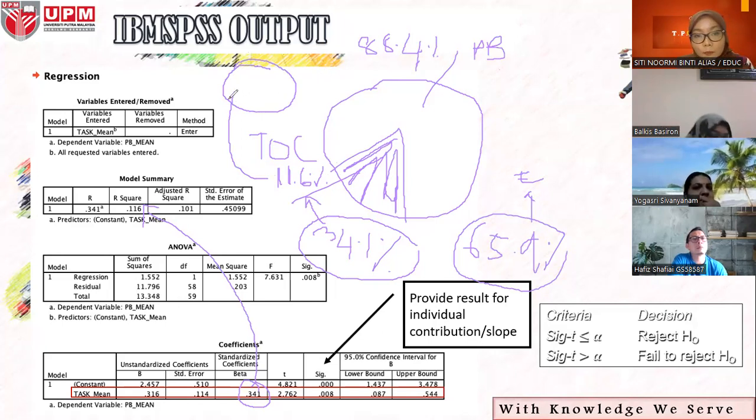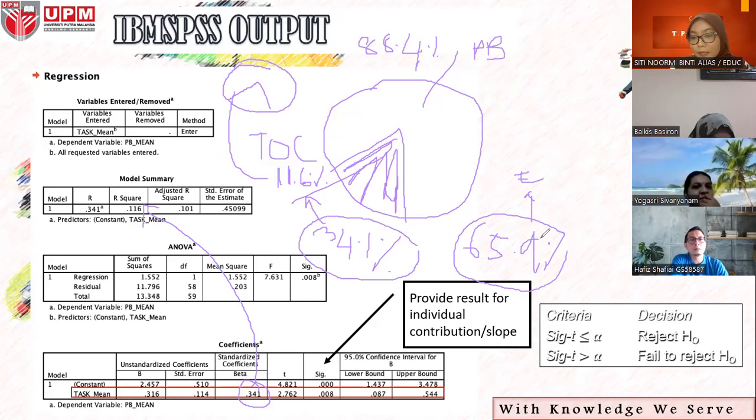But out of 11.6, only 34.1% je. The influence of TOC towards PB has actually been contributed by task-oriented coping. Faham?